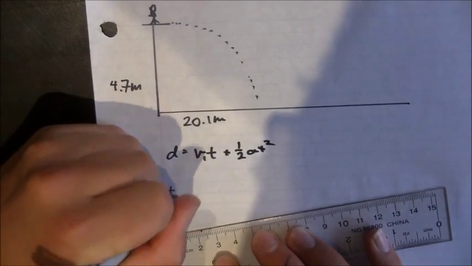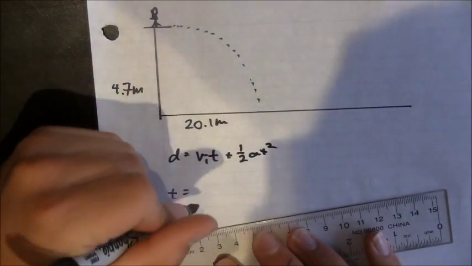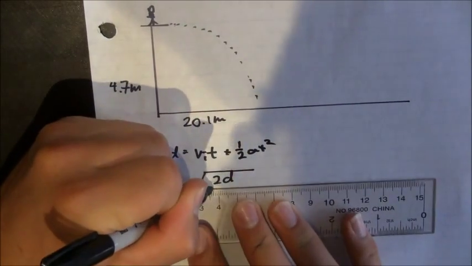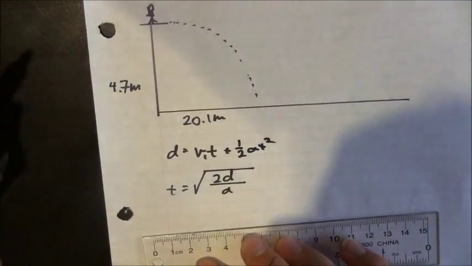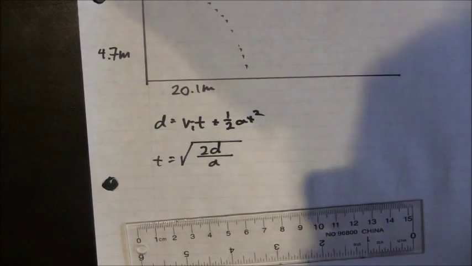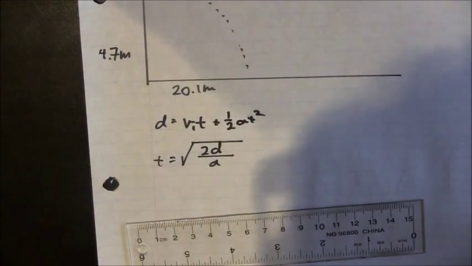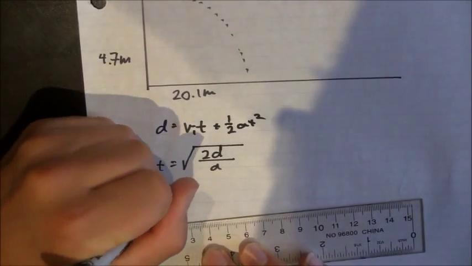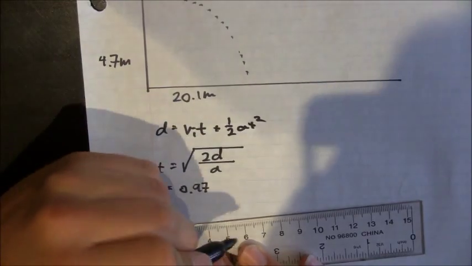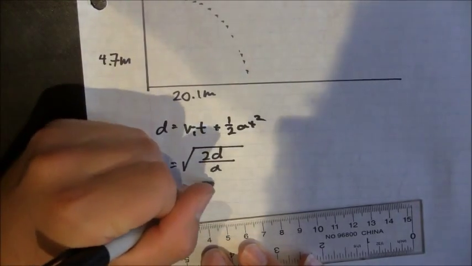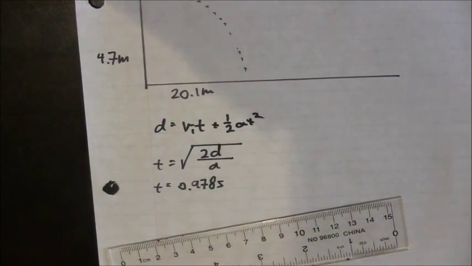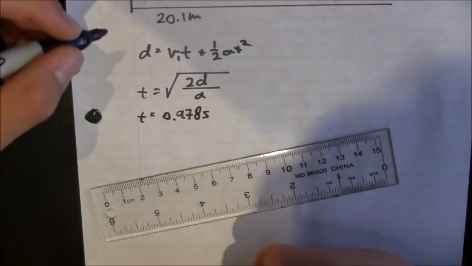So let's isolate for time. t equals this. And if I plug that in, I'll get a time of 0.978 seconds. Okay, that's something we need to know.